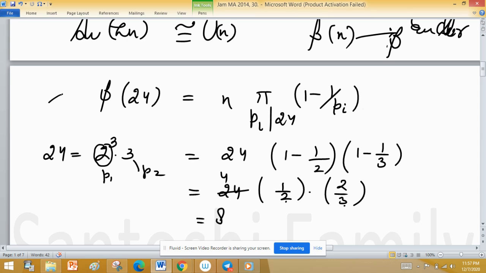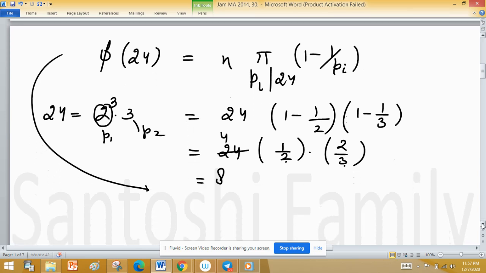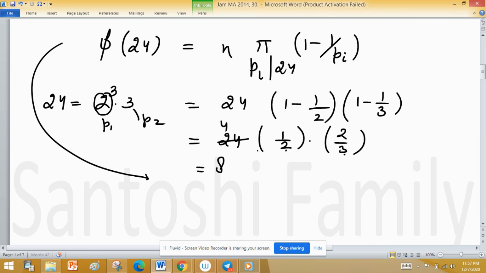This formula, the Euler phi function, can be easily evaluated as follows: 24 can be written as 2 raised to the power 3 into 3, and this is the product over the primes pi dividing 24 of 1 minus 1 upon pi.